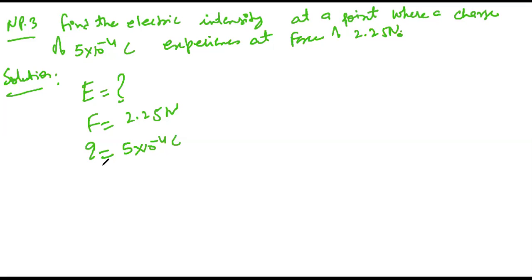Do you know the formula? E is equal to 1/4 pi epsilon Q upon R square. Any other formula you have? Do you remember this formula? E is equal to F upon Q. Correct. Use this formula.